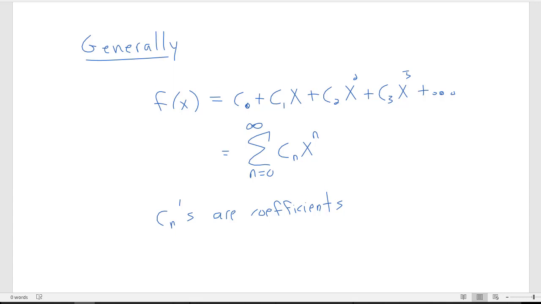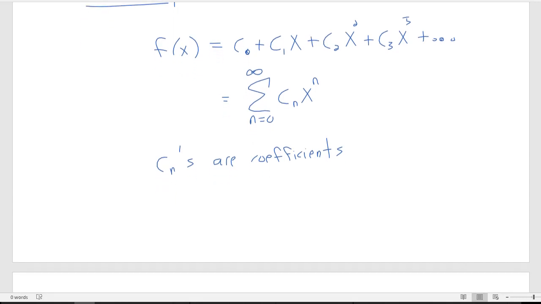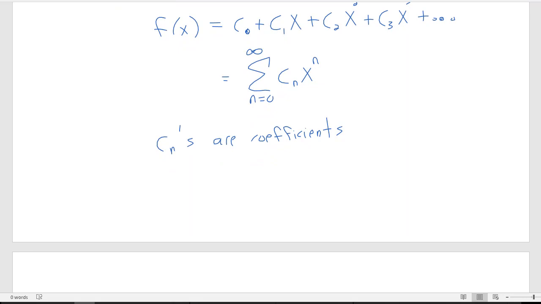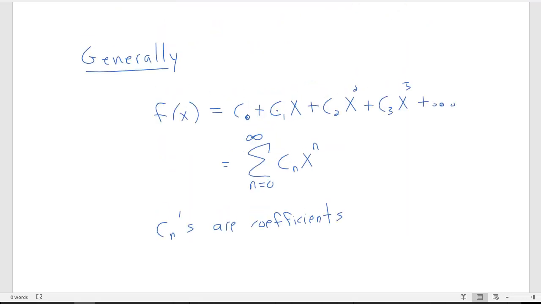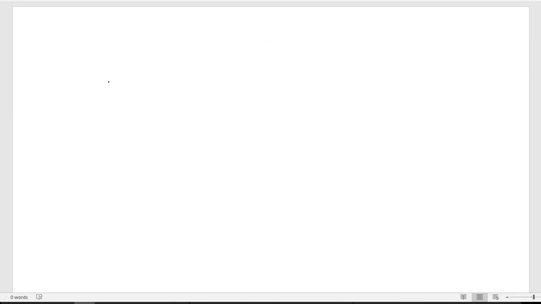All right, now we could even more generally center our series at a place other than 0. So what I'm going to do here is instead of having x or x squared or x cubed, I'm going to write it in a more general form.